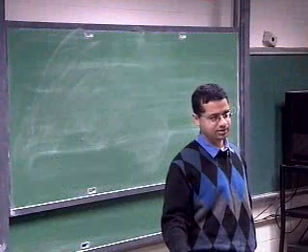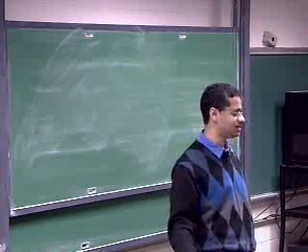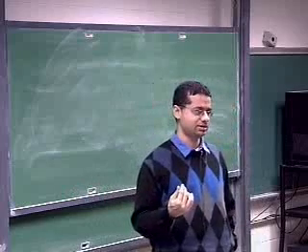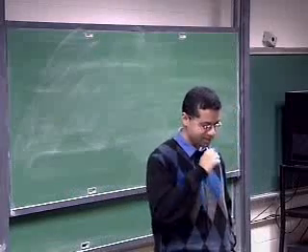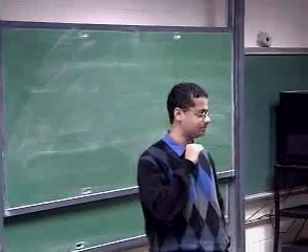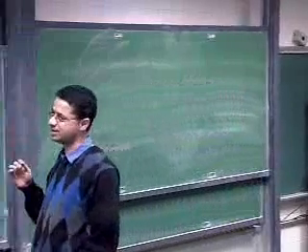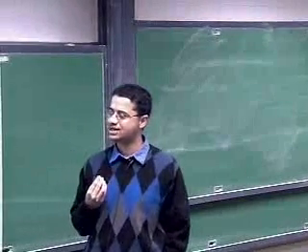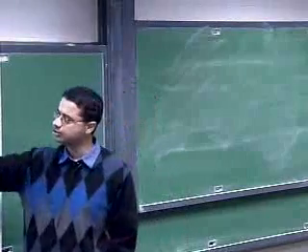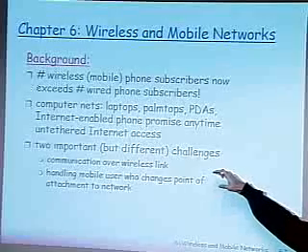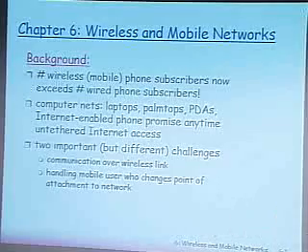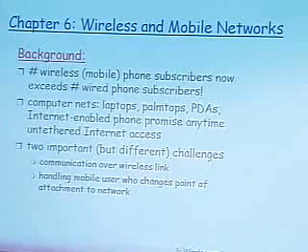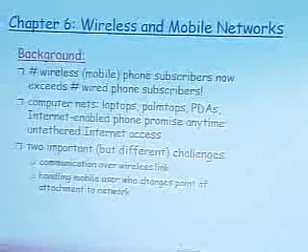With cables it's difficult, and with wireless it becomes even more difficult. One thing I spoke about last lecture was the hidden terminal problem. Wireless networks suffer from the hidden terminal problem. There's another problem, the exposed terminal problem. So wireless links have additional complexities compared to wired links.